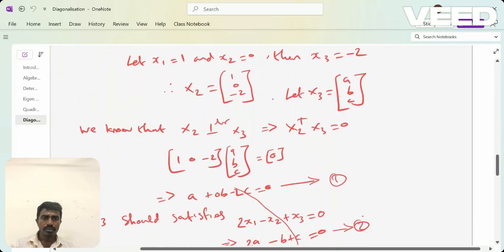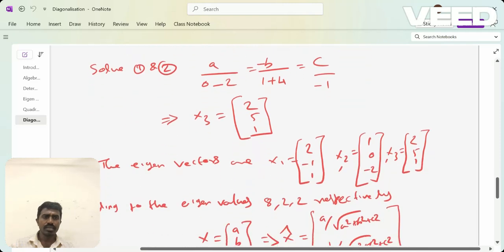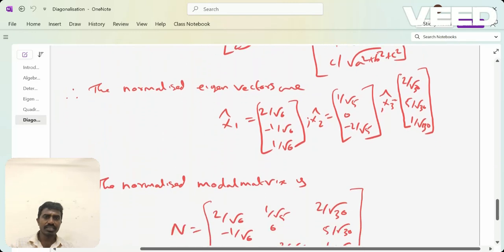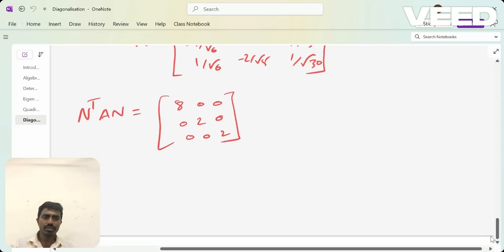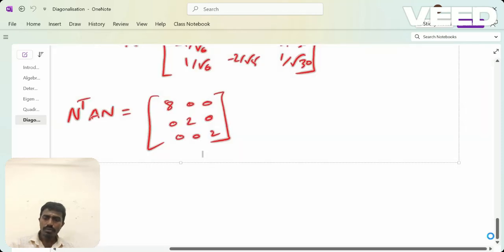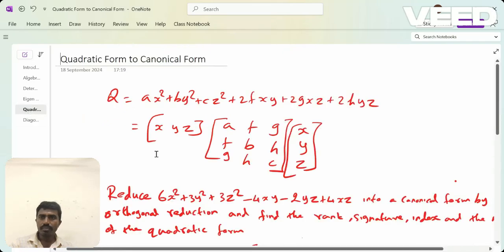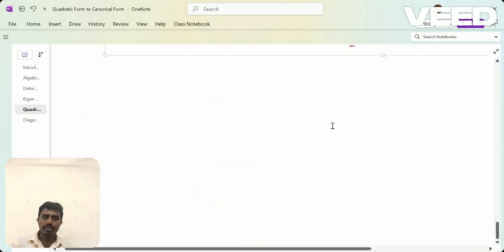After diagonalizing the matrix A, we get the diagonal matrix whose diagonal entries are the eigenvalues of A. So we get the D matrix as this one.